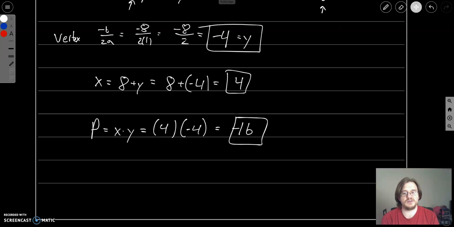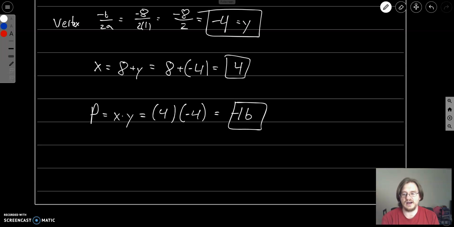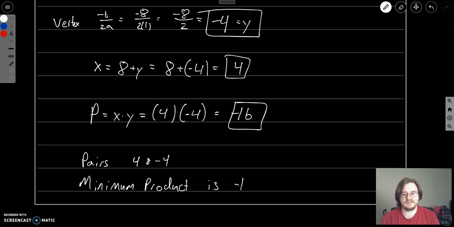So let's summarize. The pair of numbers is going to be 4 and negative 4, and the minimum product is negative 16.